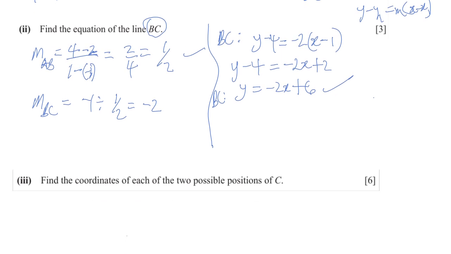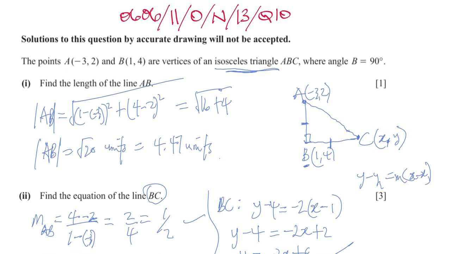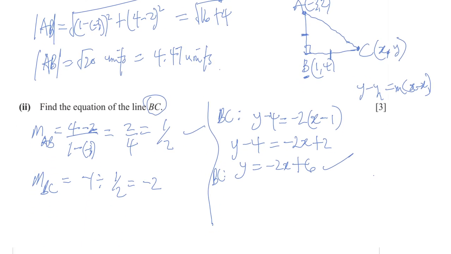The length of BC equals the length of AB. That's what the question says, that the triangle is isosceles.